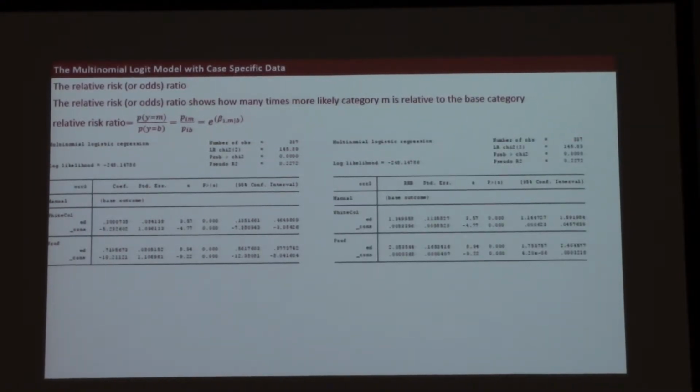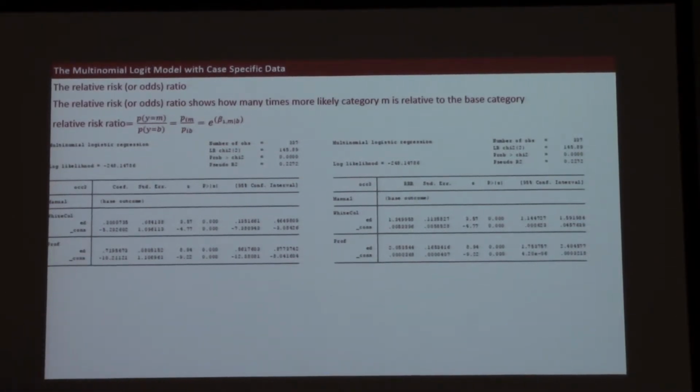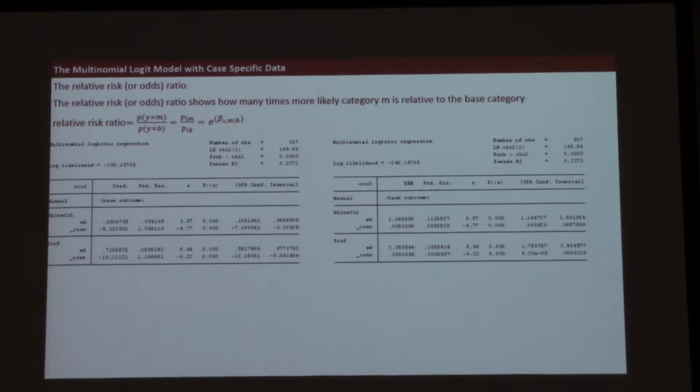If we add an option in our Stata command, and the option is RRR, it gives us the relative risk ratios. So we talked about this being a 1 unit increase in education increases the relative log of the odds ratio of being in white collar relative to manual by 0.3, whatever that means. It's a mouthful.